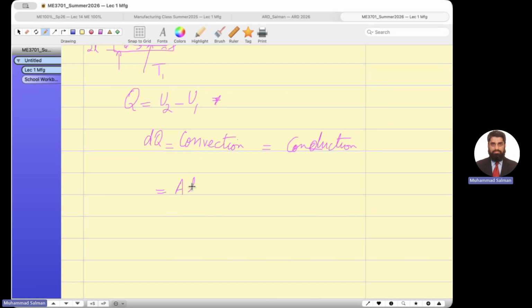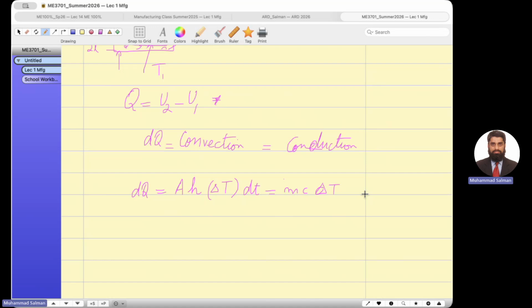Convection says the overall heat transfer coefficient times the surface area times the change in temperature for a small time, dq. And similarly, the mass, m c delta T. You know that formula for conduction, m c delta T? Yeah, you know that very well.